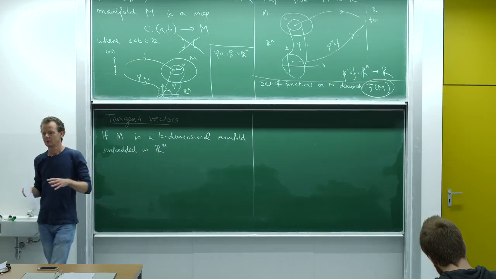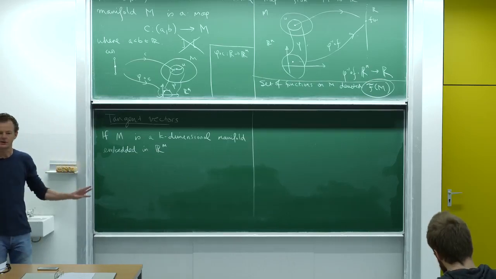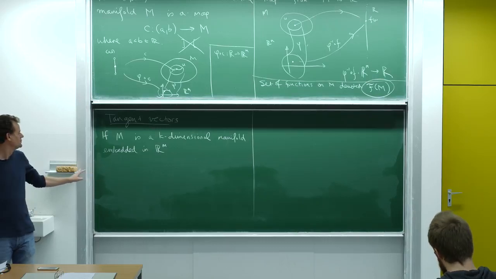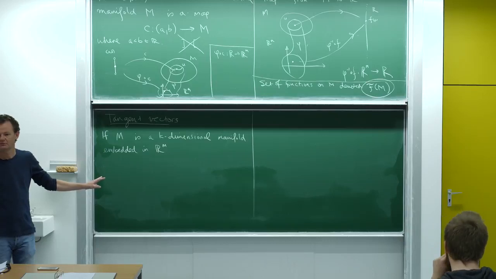So let's take this very concrete class of manifolds that basically we're always going to work with anyway, and that is embedded manifolds. And ask, what is a vector in that case?